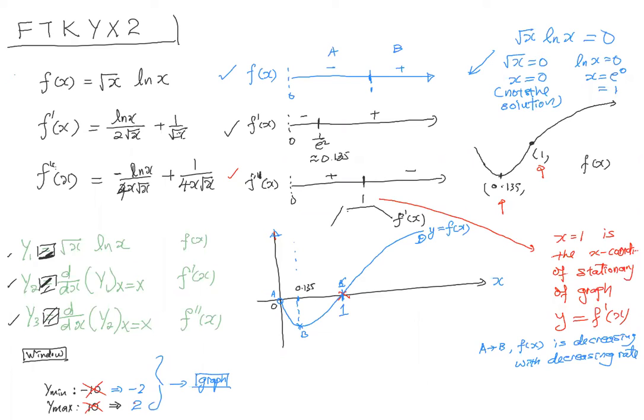The word decreasing gives you the idea that the value of f prime x is negative. So it starts from very negative to less negative. That's why the graph goes in this way and becomes 0 at this point.